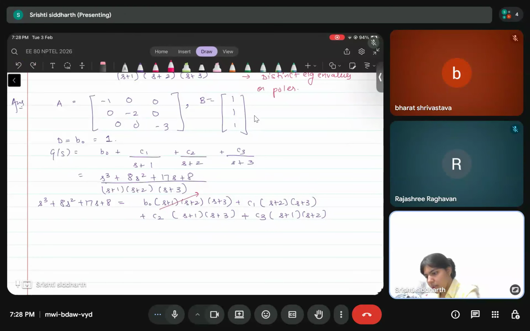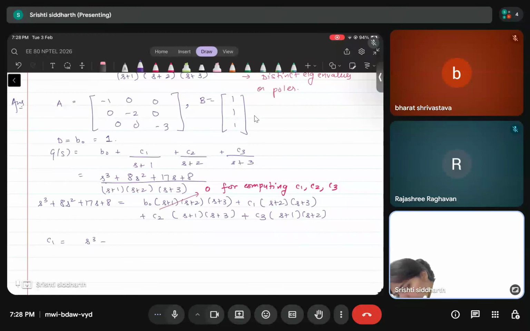So let's see the formula for computing C1, C2, C3. We again have the same formula. C1 is, we remove S plus 1 from the denominator and evaluate at S equals -1.